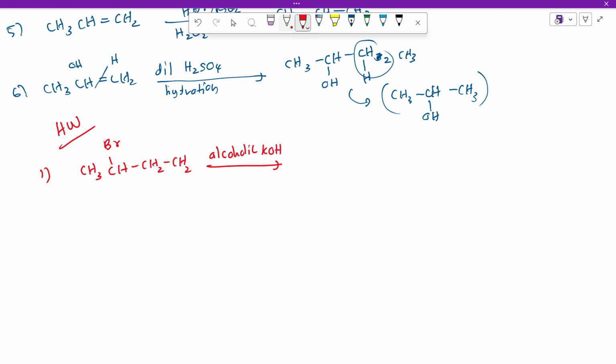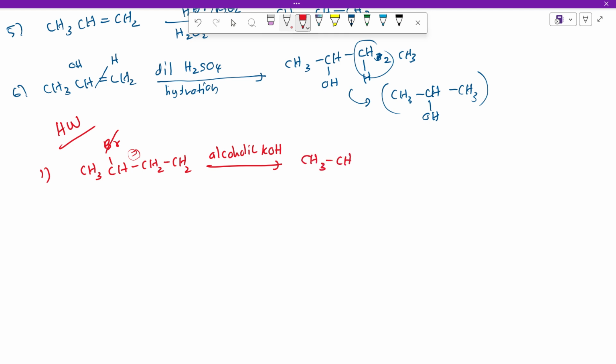Just remember, with alcoholic KOH, you have to remove an HBr. Remove an HBr. One Br from here, and the double bond should be created here, and then that means one H from here should be eliminated. I'll just write the answer here itself.